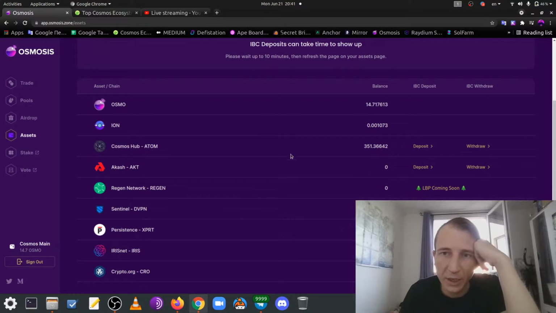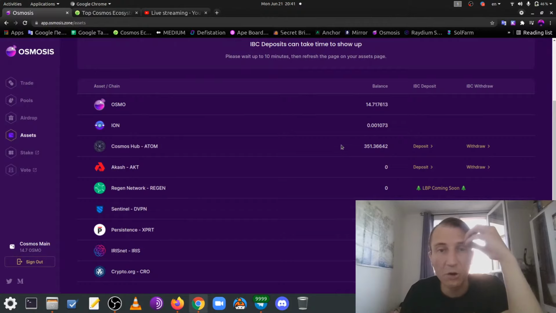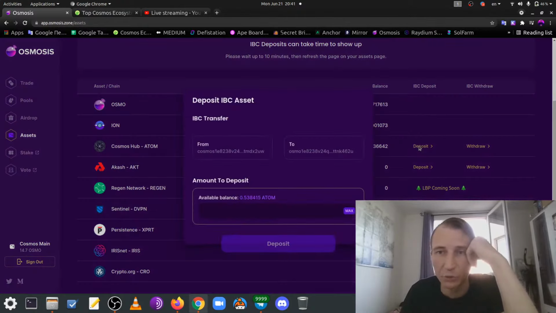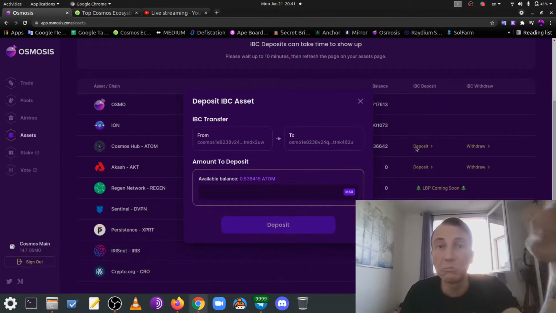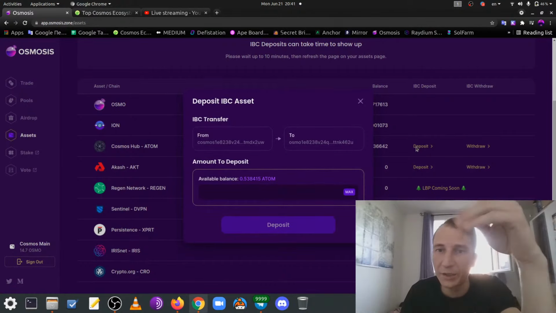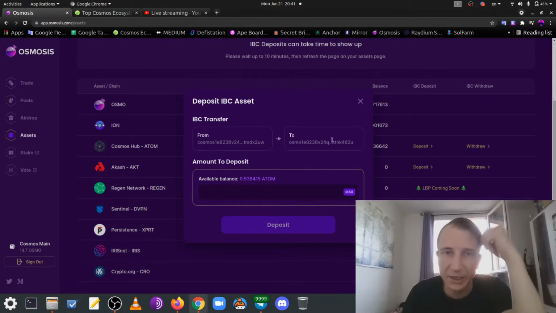If you want to transfer from your Atom Cosmos address to Osmosis, you need to click deposit, and it will automatically look at your Cosmos address, and you will see from Cosmos to Osmo, and you can see available balance 0.5.